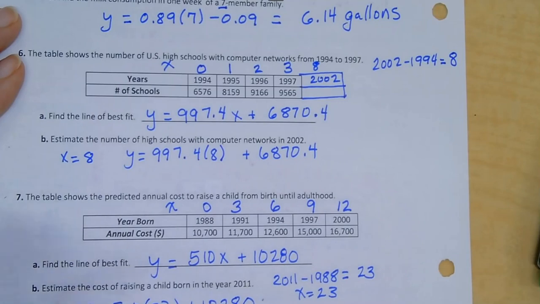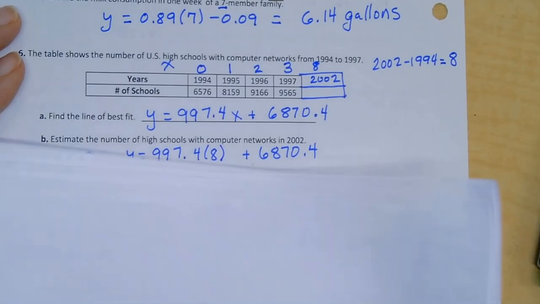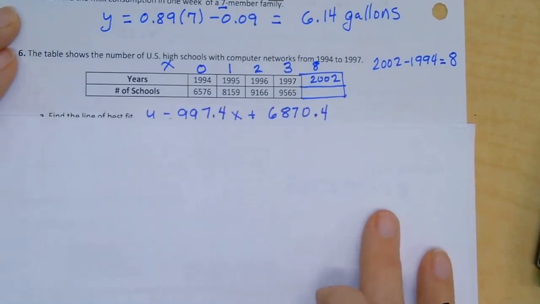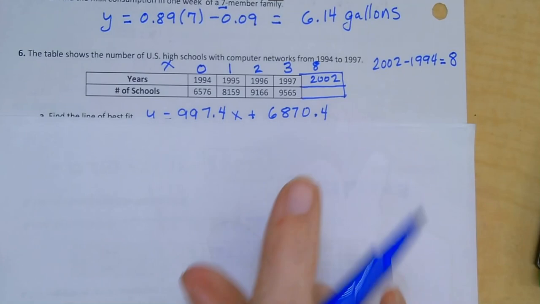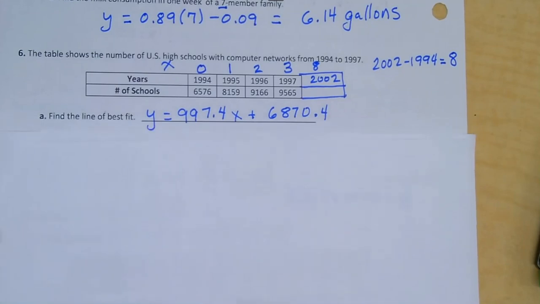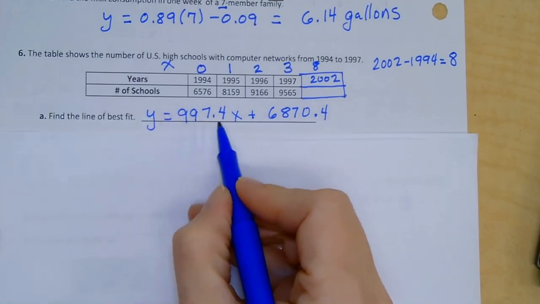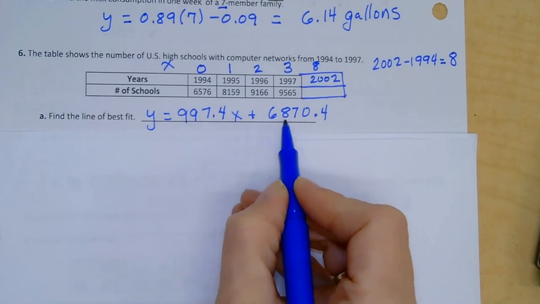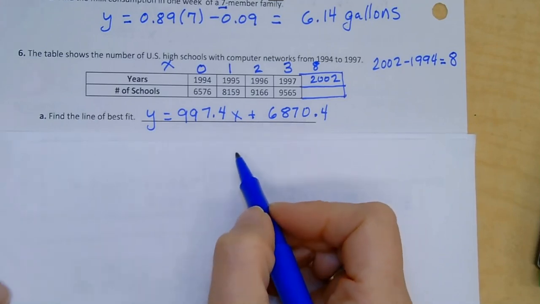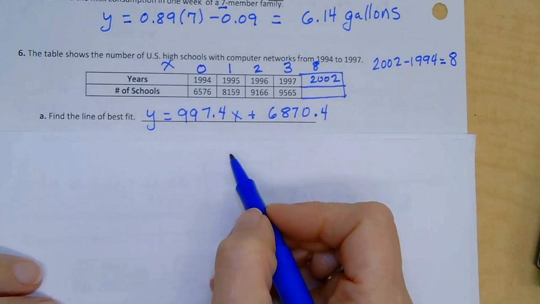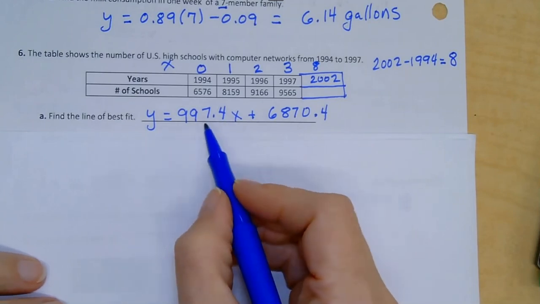All right, so if you are following along here, you have entered in this table into Desmos, the table where everything is typed. Okay, and you should have gotten the line of best fit as y equals 997.4x plus 6,870.4. This is a very, very steep line, and at first glance, it might even look vertical.